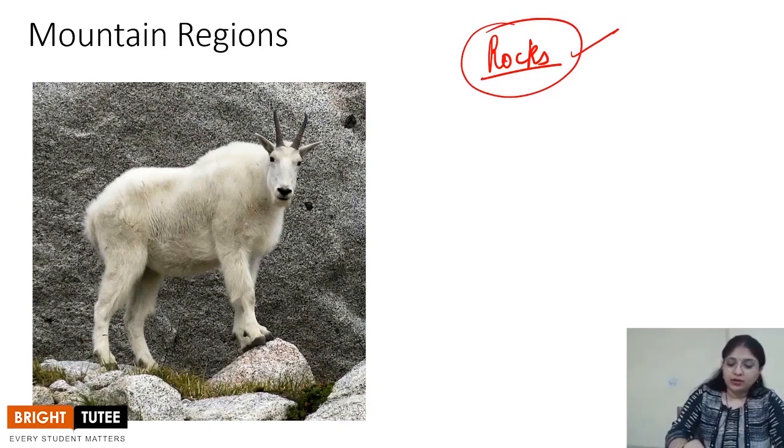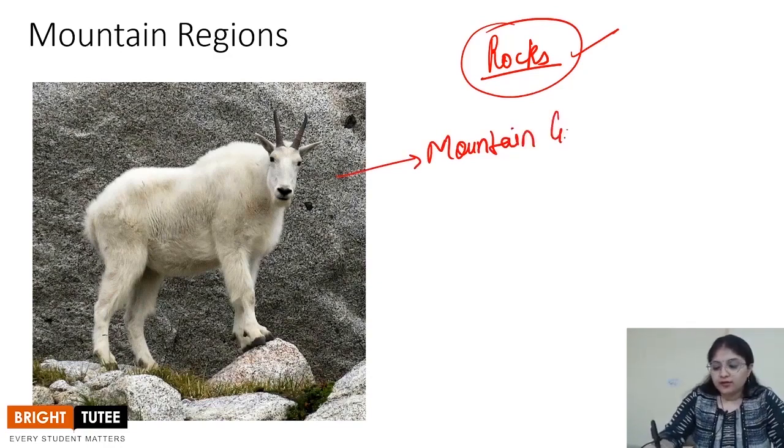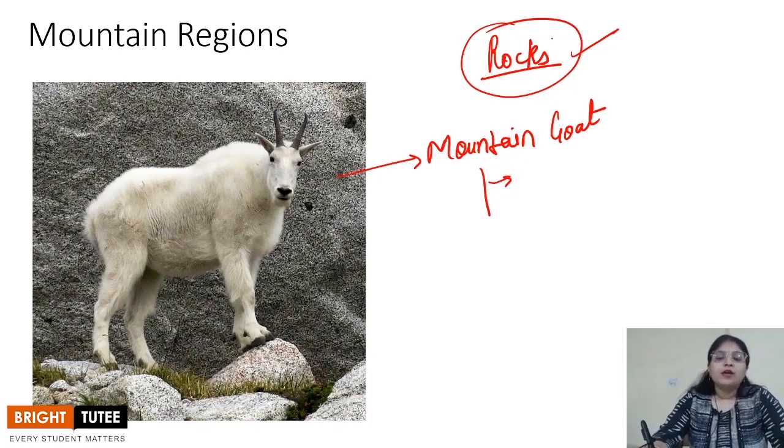But this particular animal, that is the mountain goat, has very strong hooves, right? So this is a mountain goat, and the speciality or the unique feature of this goat is that it is able to climb these rocks pretty easily in search of food, right? You can see that there are certain green grasses over here, and to eat this grass, these goats can climb these rocks, and they can also move on the slopes of the mountain ranges.